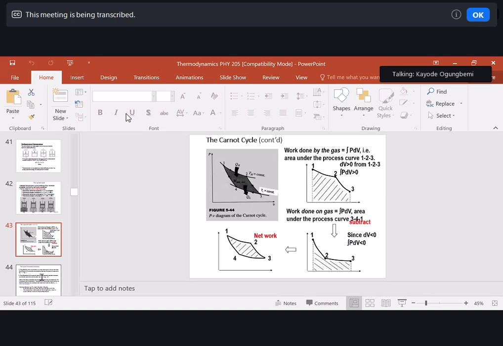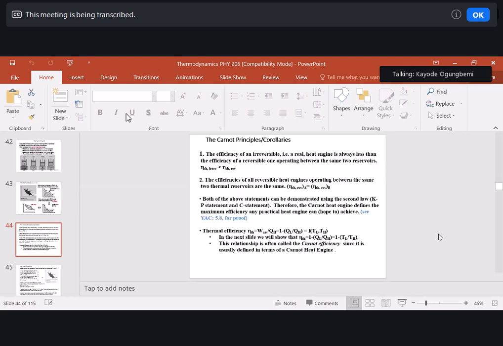Now, the text from here. The efficiency of an irreversible real heat engine is always less than 1, and less than the efficiency of a reversible engine operating between the same two reservoirs.